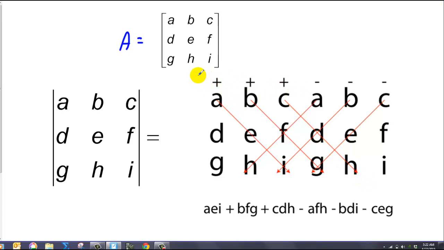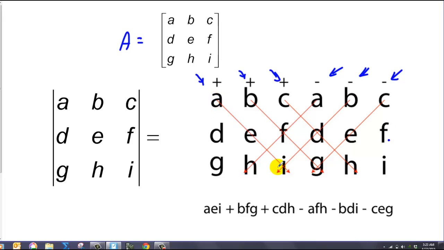So if I'm going to the right, I'm adding. Now I take the ABC columns on the right side of this 3 by 6 and I take their products, but since I'm moving to the left, that reminds me to subtract those products.